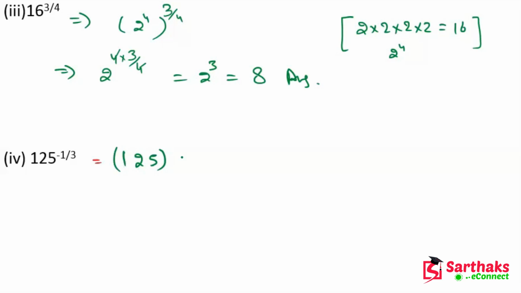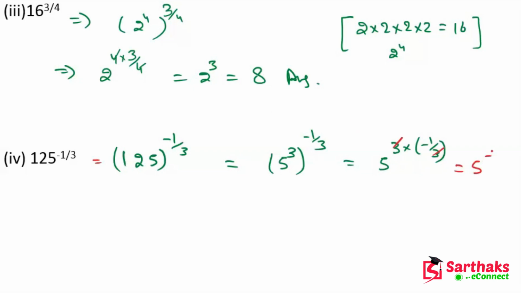Now 125 raised to power minus 1 upon 3. This is minus 1 upon 3. In this case, my dear friends, we can write 5 raised to power 3 and whole raised to power minus 1 upon 3. Now 5 raised to power 3 into minus 1 upon 3. Here 3 and 3 will be cancelled. So we get 5 raised to power minus 1.